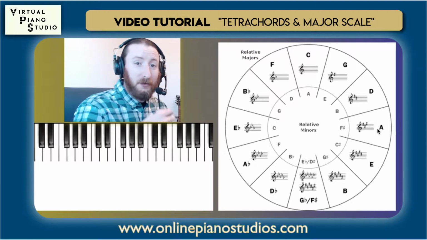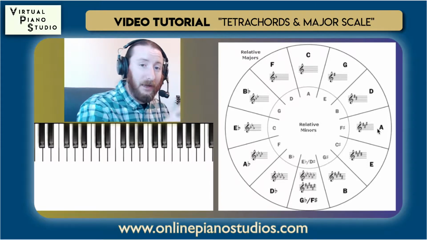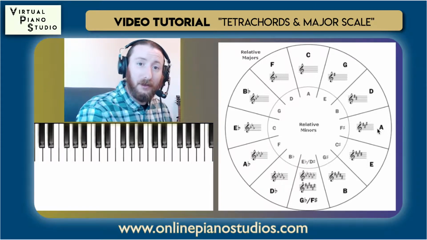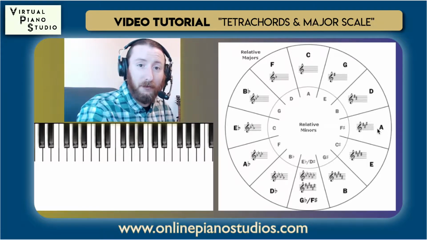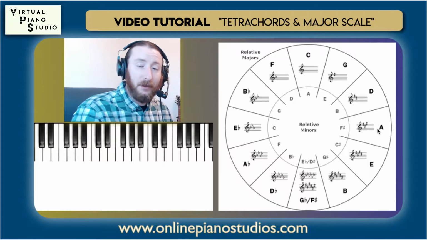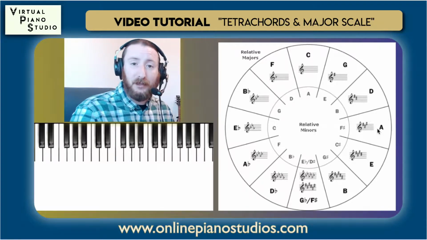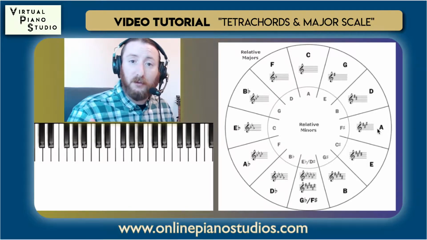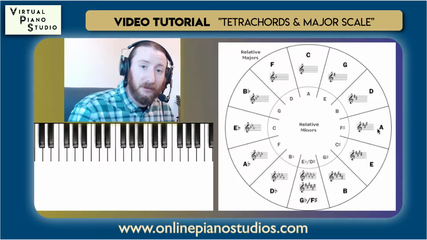You can also use the second tetrachord, the higher tetrachord of each scale, to create your new scale, and that's going to go through the circle of keys. So we're going to talk about that exercise and also building these tetrachords into major scales in random order, just to be able to practice building these.